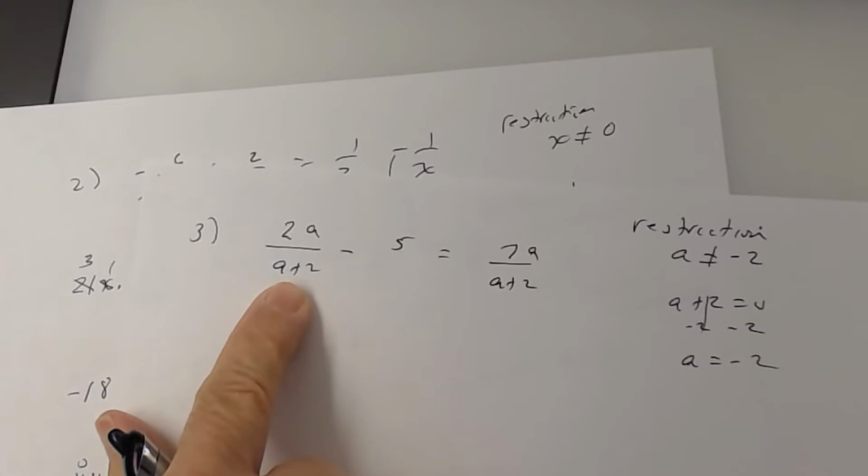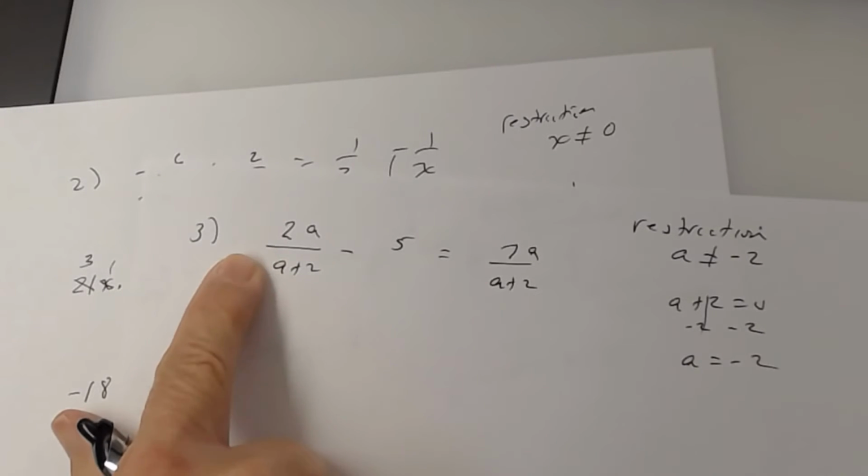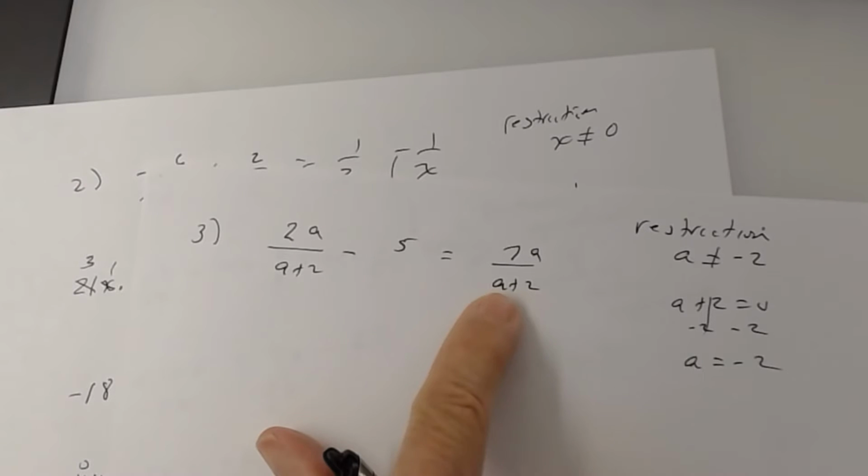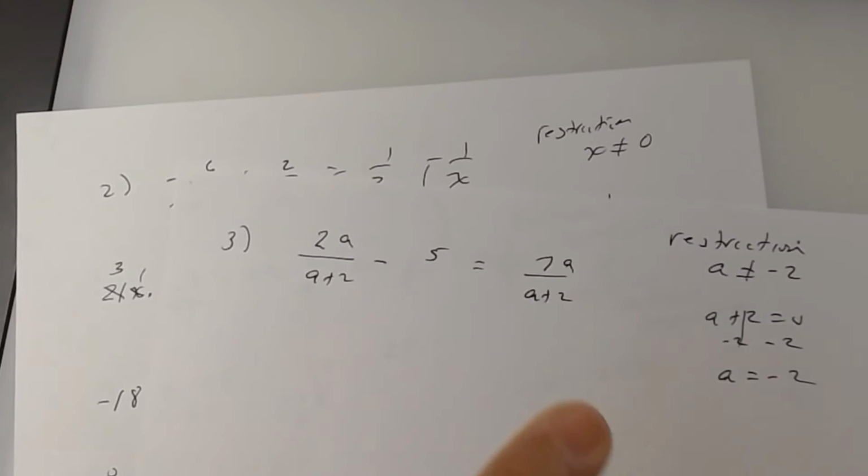It's not 2a, it's a plus 2. 2a is multiplication, a plus 2 is addition. If I want to get rid of a plus 2, I need to multiply by a plus 2. So what's your LCD? A plus 2.